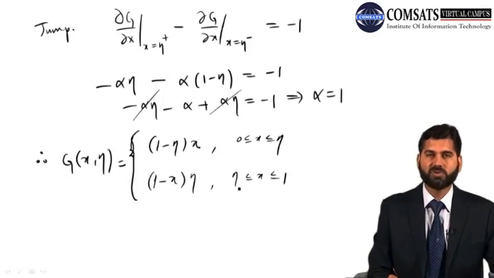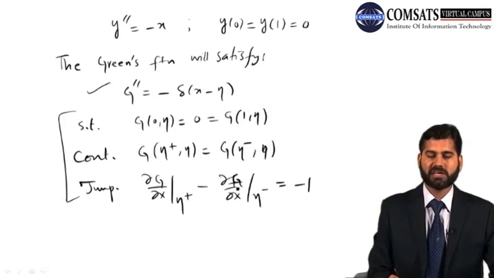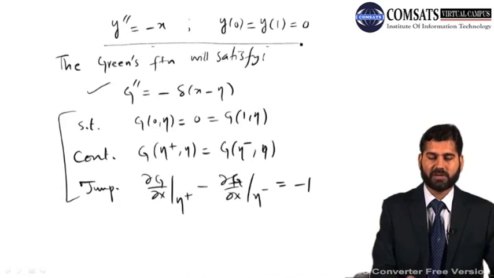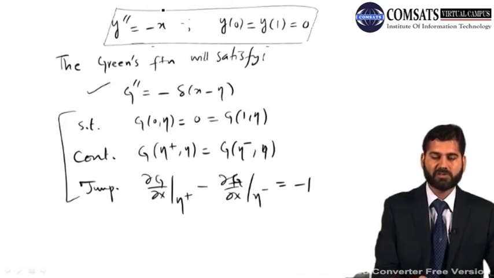Now the question was, use the Green's function. This is our equation. Use the Green's function to find the particular solution of this equation. So for the particular solution, I need to take this as f of x.